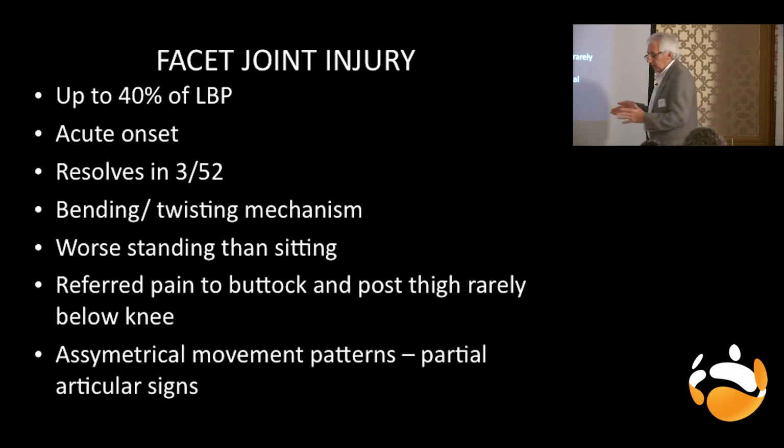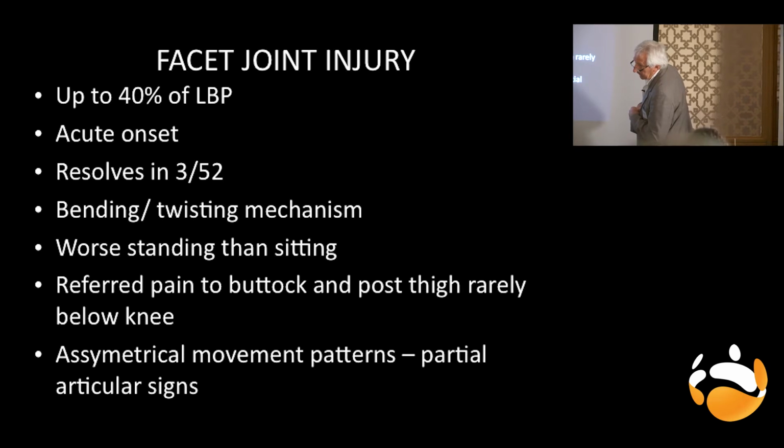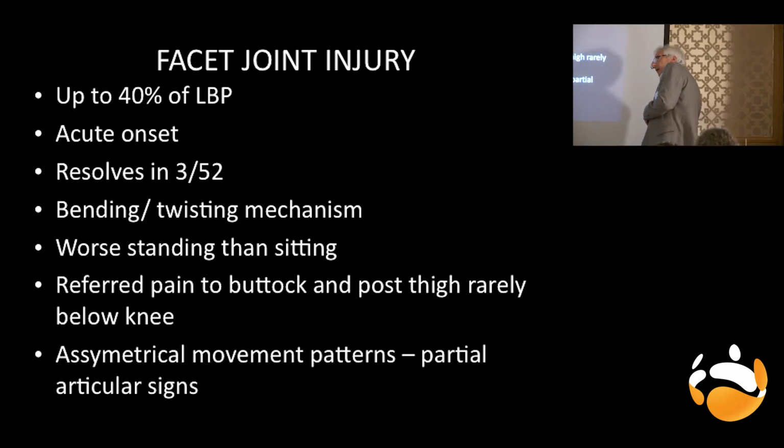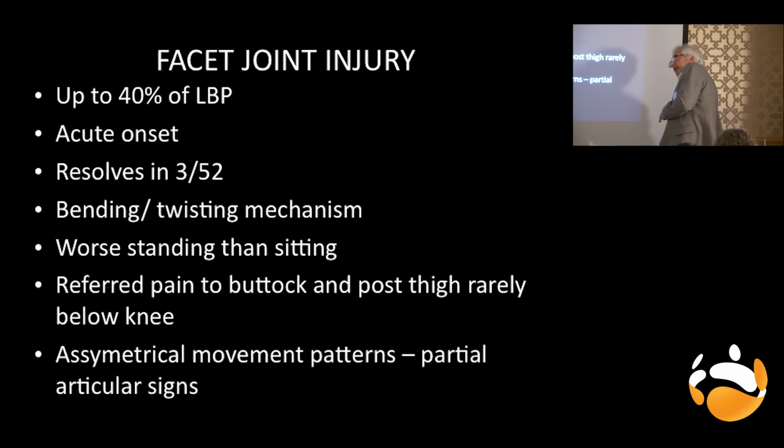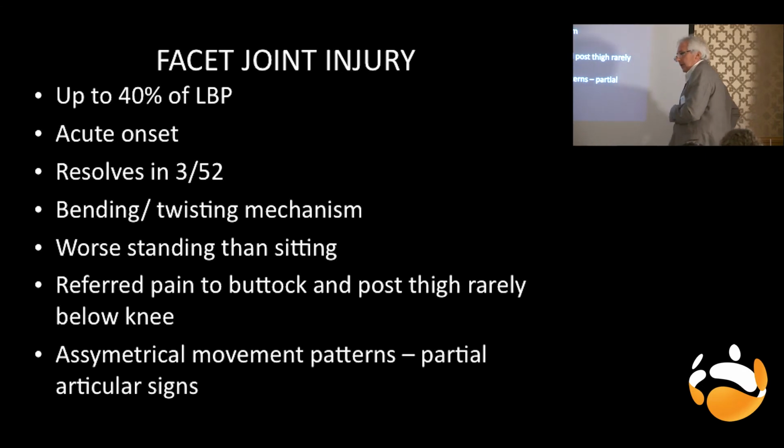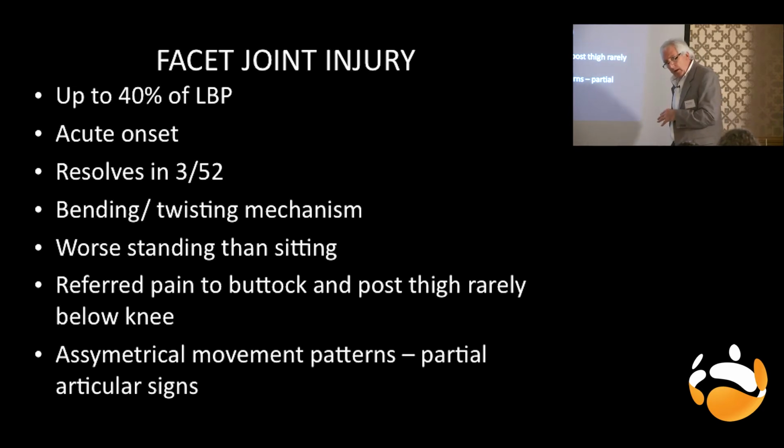So, going backwards, they might be painful. Going to the side, to the left, if it's a right-sided problem, they're not painful. If they go to the right, that way, then they might be painful because they're compressing the facet joint. If they go backwards and to the right, then they're painful, and that causes low back pain, maybe with some slight diffuse referral into the buttock and thigh area.